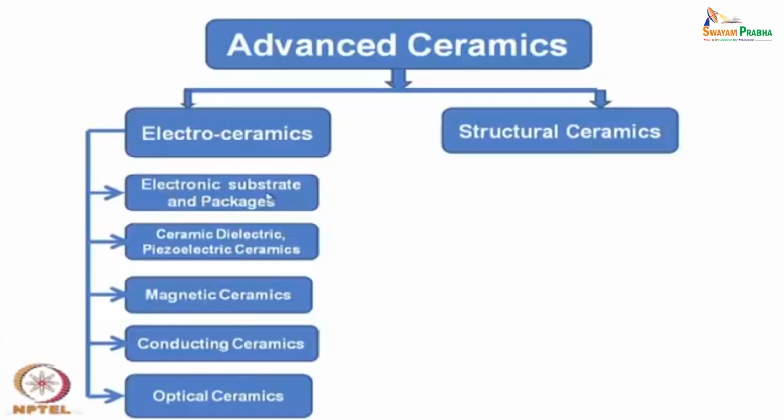But basically in the electronics industry you need many insulating oxides, particularly aluminum oxide is one of them. There may be some nitrides also which can be used, but in those applications we really exploit their insulating property.